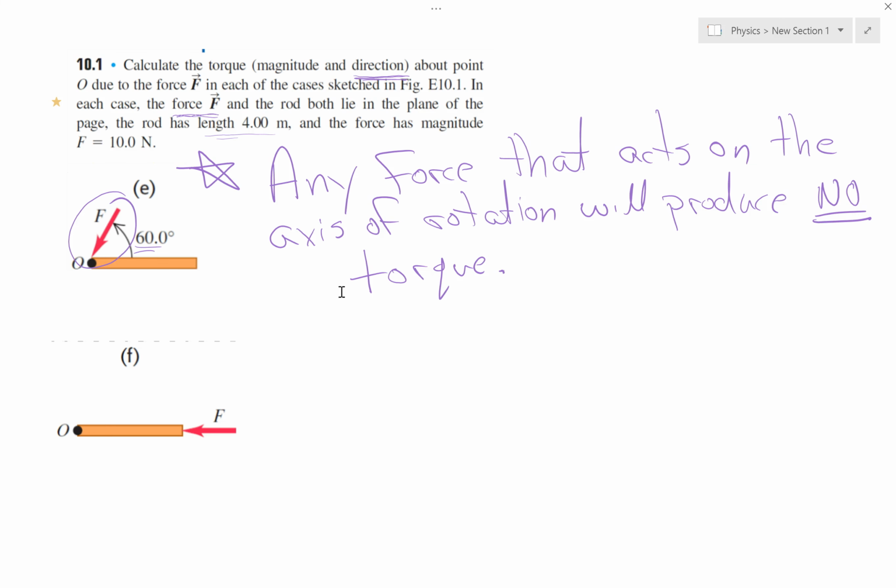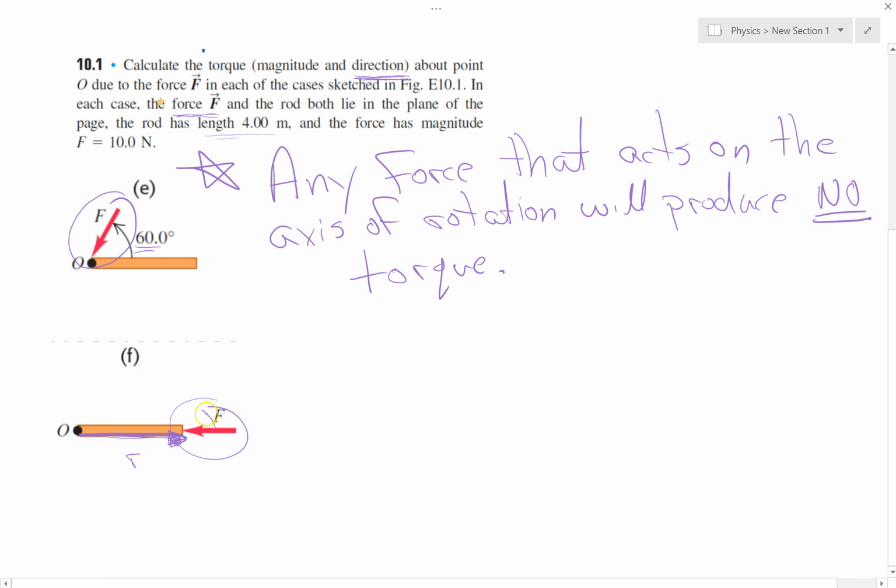If I take a look at this, I'm going to see that my force applied over here is not acting at the origin or at the axis of rotation, which is good. There is going to be a lever arm between my axis of rotation here and where my force is applied. So that's one difference that this one has over the last one.